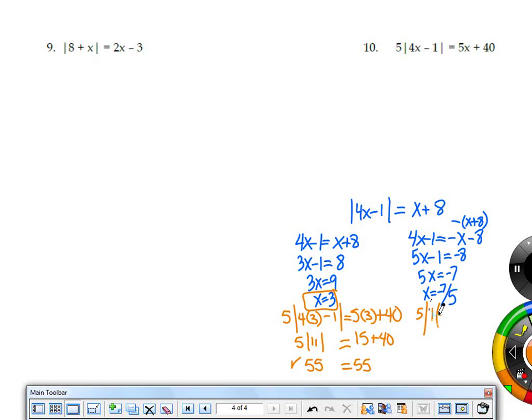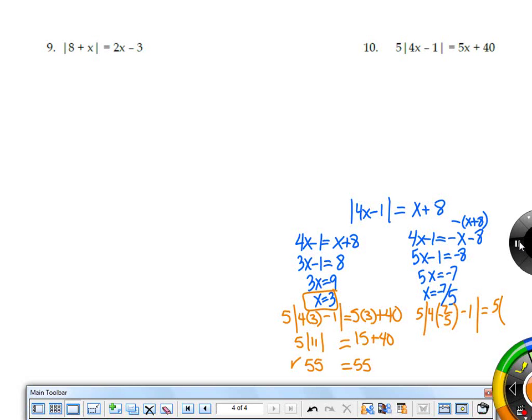I don't like it either, but I got to know if my answer's right, so check it. All right, I'm going to calculate the right side first because the fraction cancels. So I feel more confident about that.